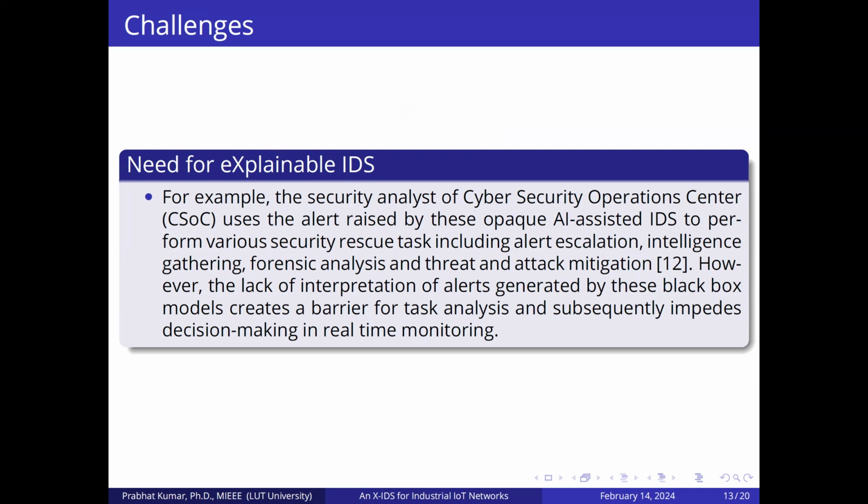I can give you an example. Let's consider two scenarios. If your IDS is explainable, it can tell you, based on this feature, let's say the source IP address, that it is giving high importance to the source IP address.